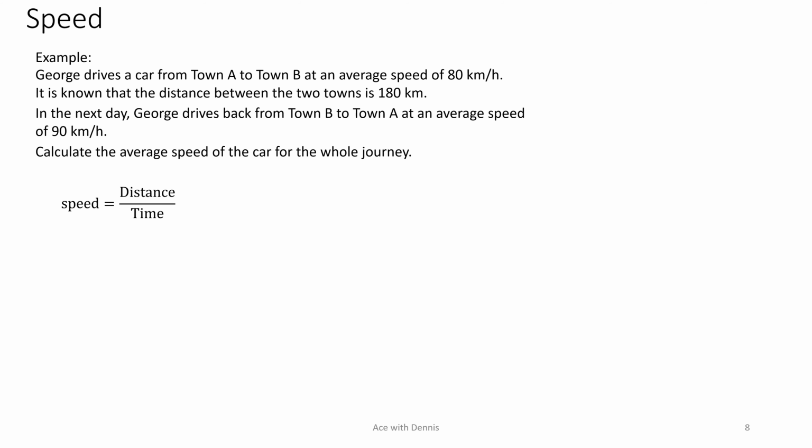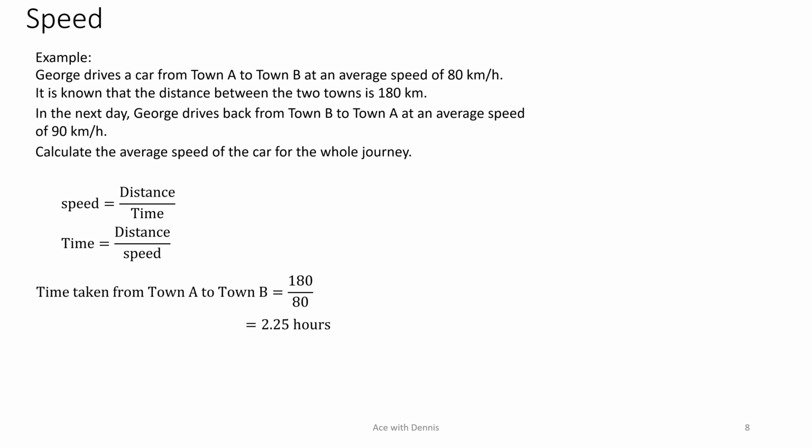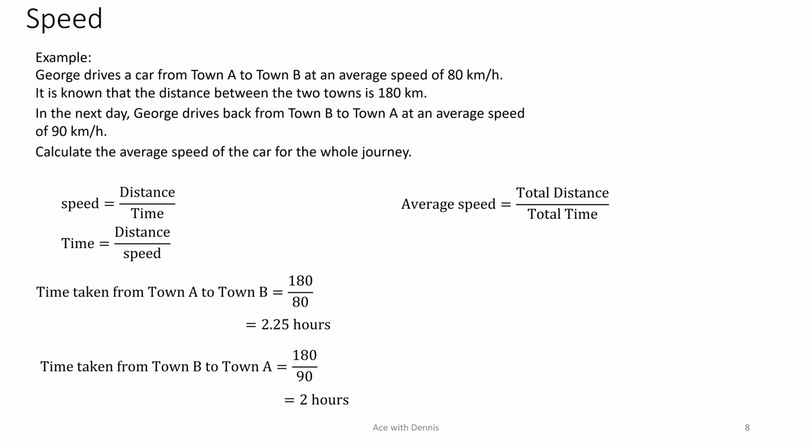Okay, now let's look at the solution. We know that speed is distance over time, so time is distance over speed. For this case, the time taken from town A to town B is 180 divided by 80, which is 2.25 hours. The time taken from town B to town A is 180 divided by 90, which is 2 hours.